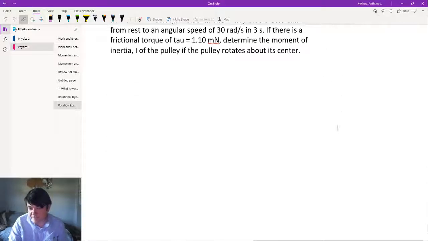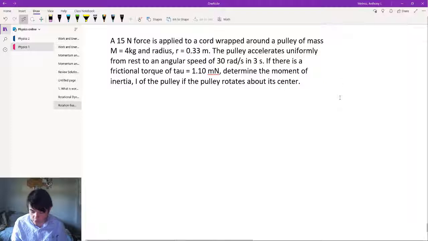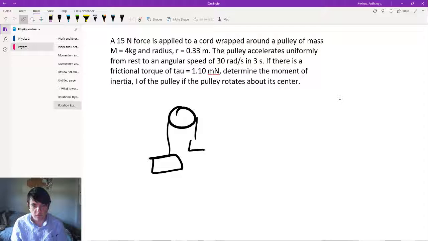This is kind of like Atwood's machines, if you remember, where we would have two things on a pulley like this, and if it would move this way, this would cause this pulley to rotate.